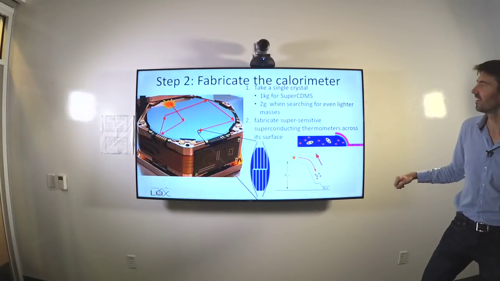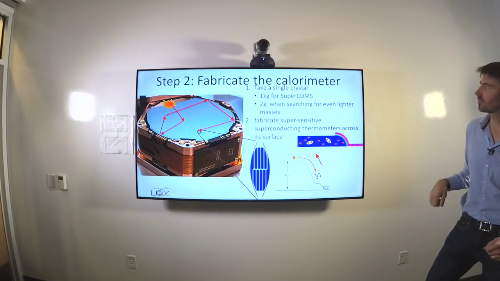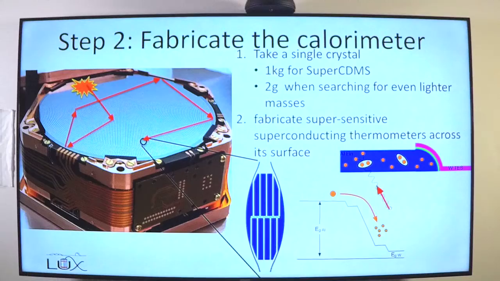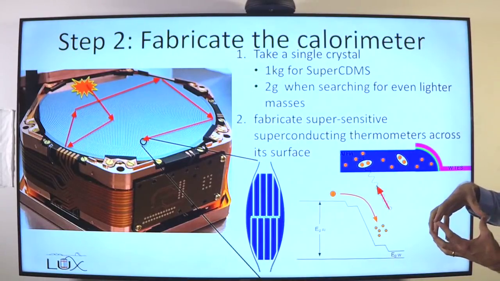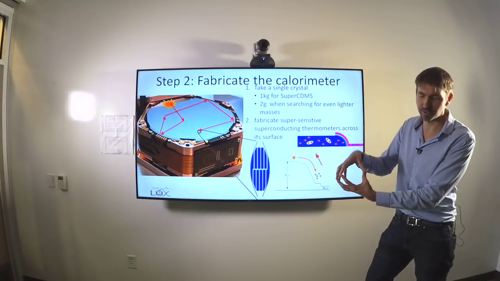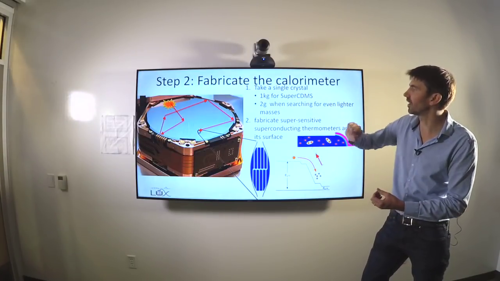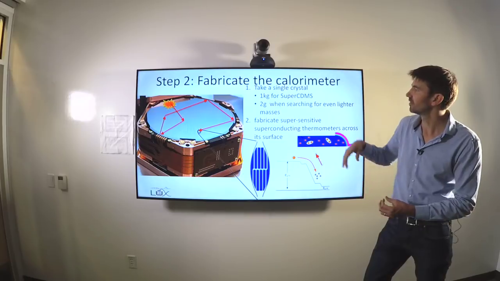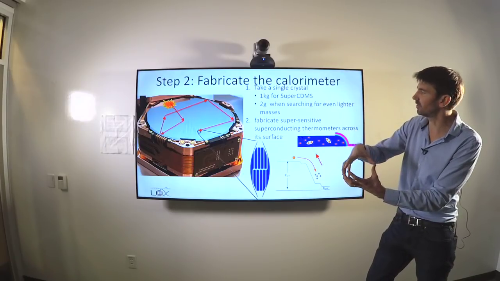So the next thing we have to do is fabricate the calorimeter. So the standard material that my group uses is large, and in the future smaller, pure crystals of right now germanium and silicon. So there's about a 1 kilogram single crystal.